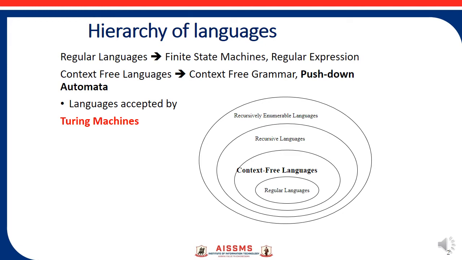Now coming to Turing machine, it can recognize the context-free language as well as the recursive language and recursively enumerable languages. So these are the different languages which can be recognized by the Turing machine.